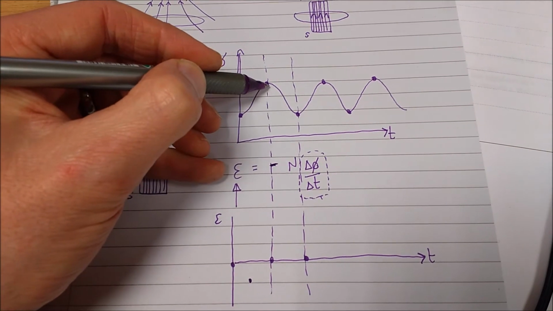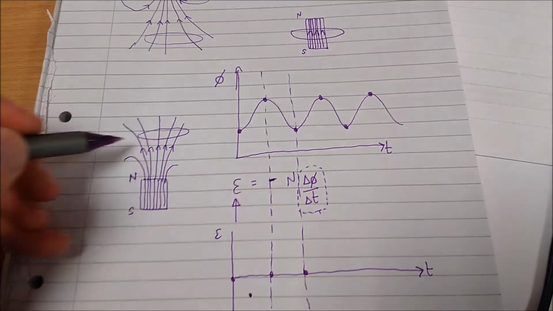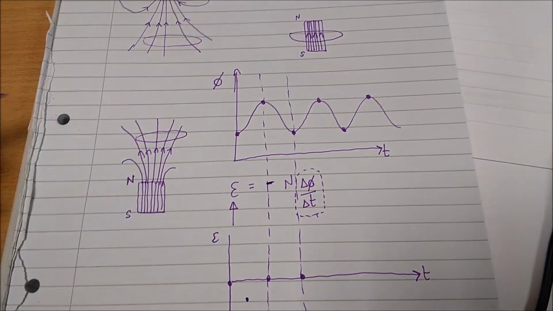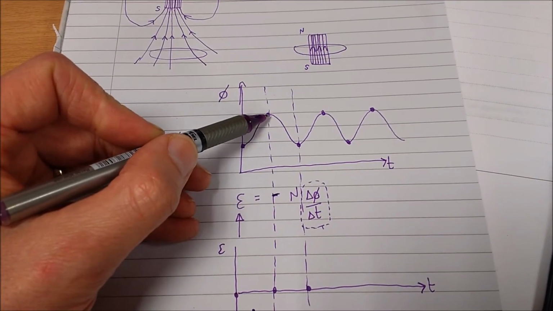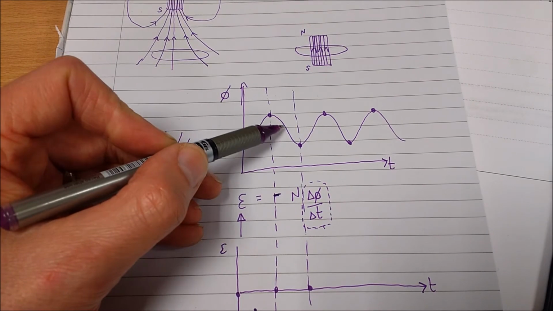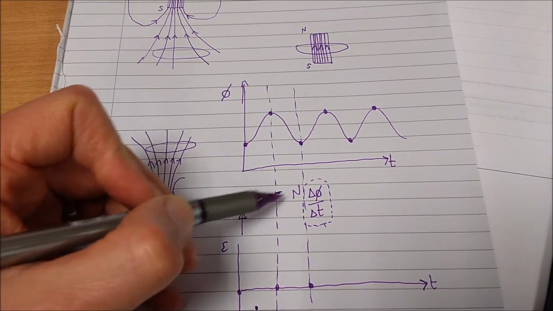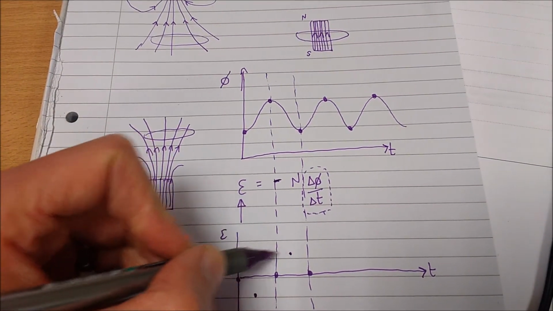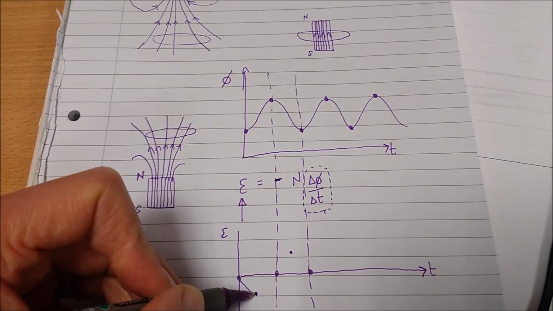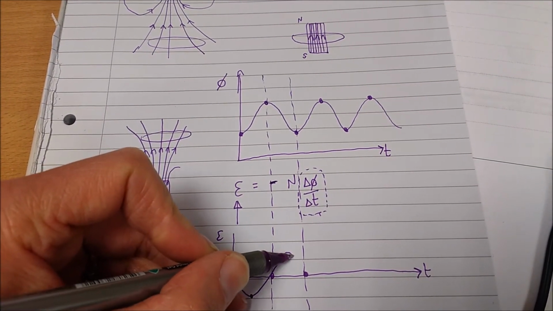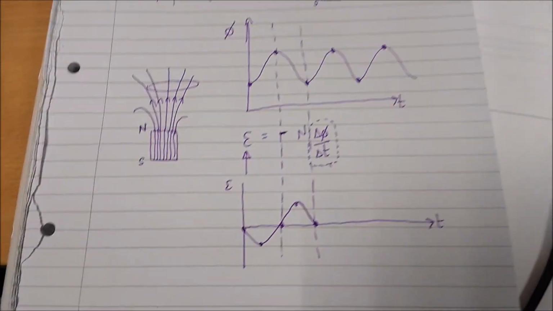Here, as the magnet moves away from this midpoint, the flux inside the coil is decreasing. We've got a negative rate of change of flux, and a negative gives us a positive. So without worrying about the exact shape of this graph, it's going to look something like that, isn't it?